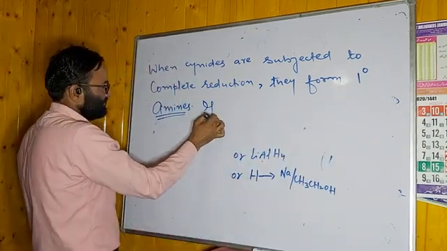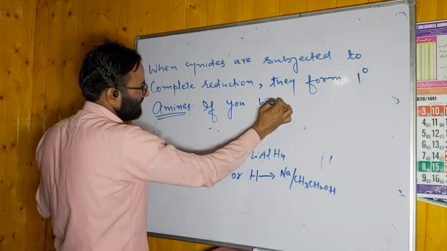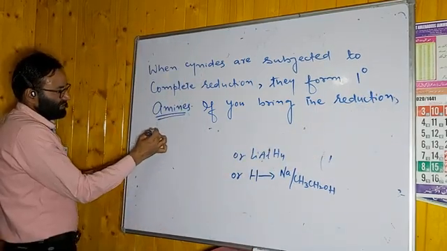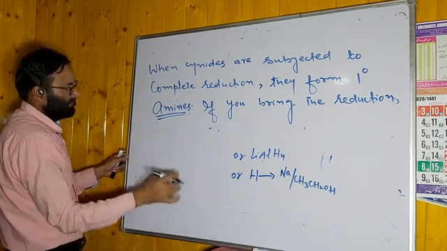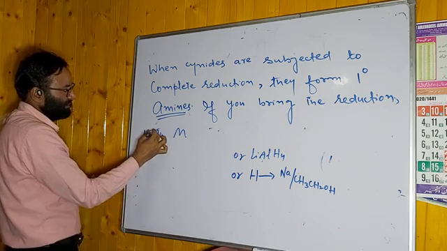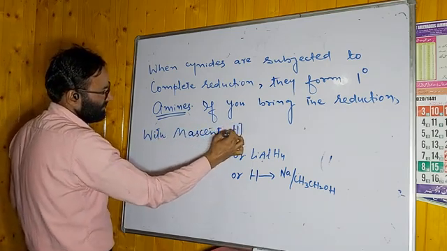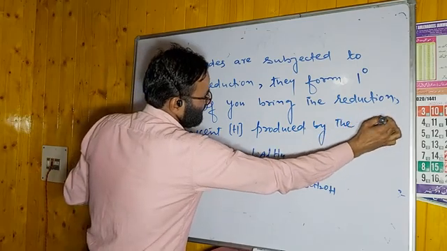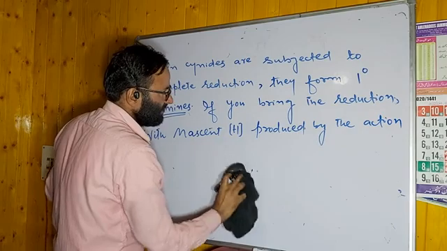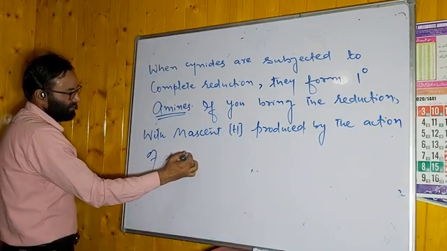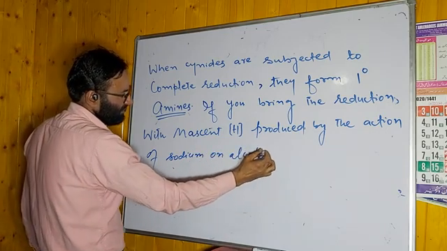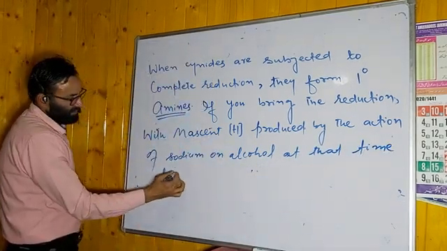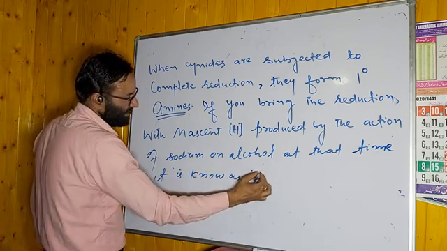If you bring the reduction with nascent hydrogen produced by the action of sodium on alcohol, at that time it is known as Mendius reduction.